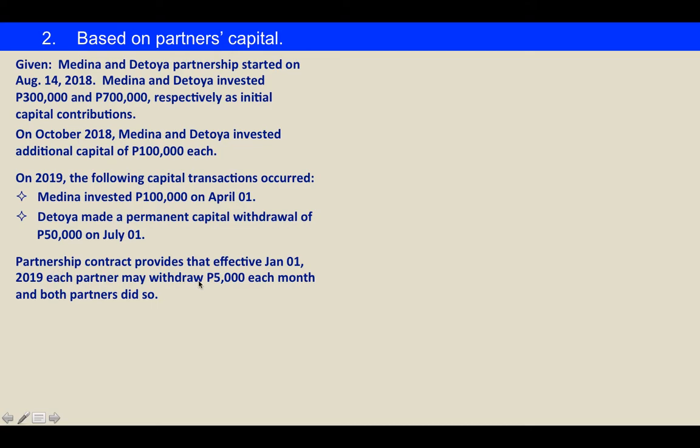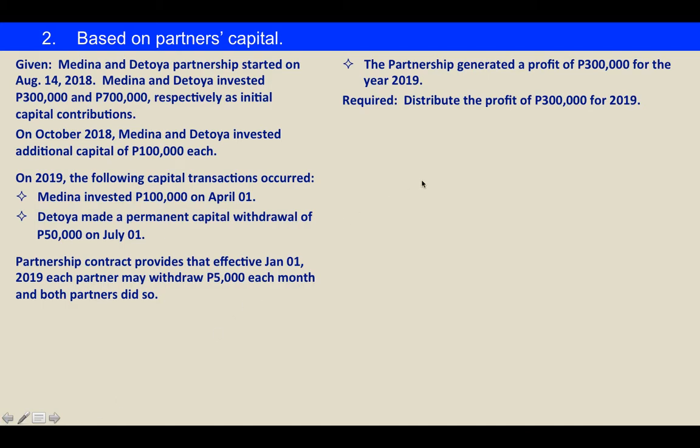Partnership contract provides that effective January 1st, 2019, each partner may withdraw 5,000 each month and both partners did so. Okay? So that is the additional information. The partnership generated a profit of 300,000 for the year 2019. So what is required is distribute the profit of 300,000 for 2019.